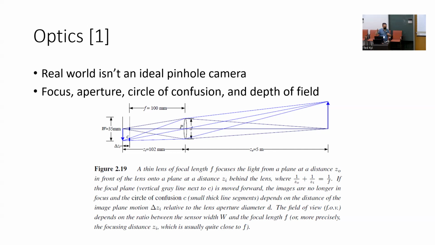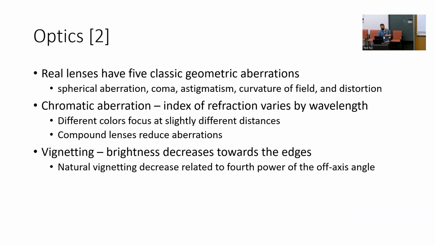If you've ever seen photographers do portraits, the background's not at the right distance, so it's kind of blurry, whereas the subject of your picture is perfectly in focus. It goes into details. If you're trying to correct, there's apparently these 5 classic kinds of aberrations in a lens.